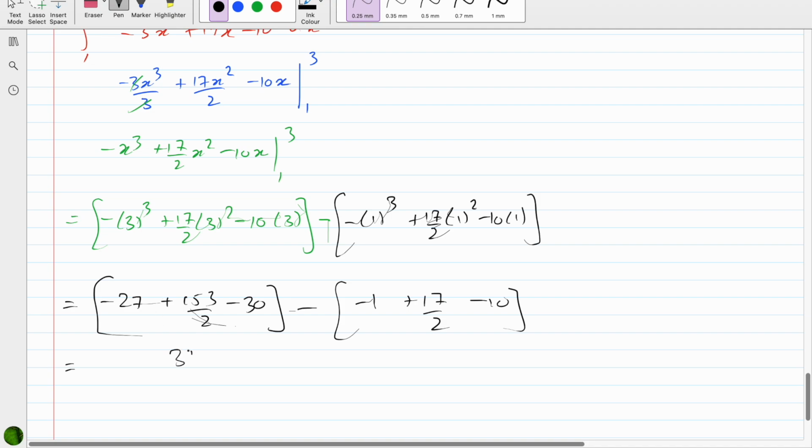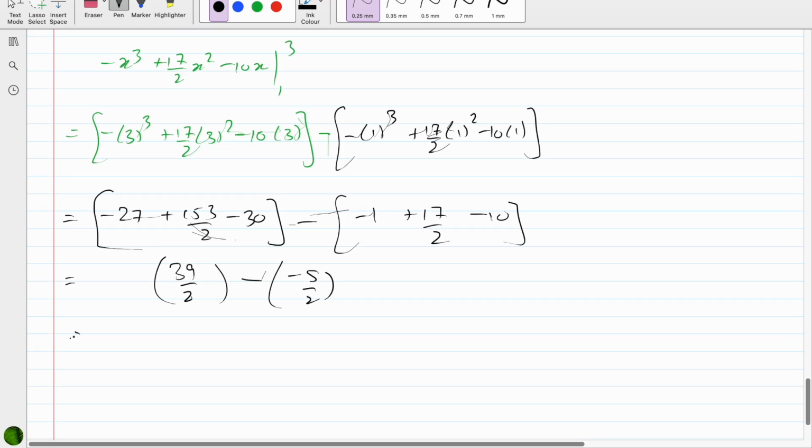So this gives me 39 by 2, and on the other hand 17 by 2 minus 1 minus 10 gives me minus 5 by 2, which will turn into a positive number, and 39 by 2 plus 5 by 2 is 22 unit square. Any confusion?